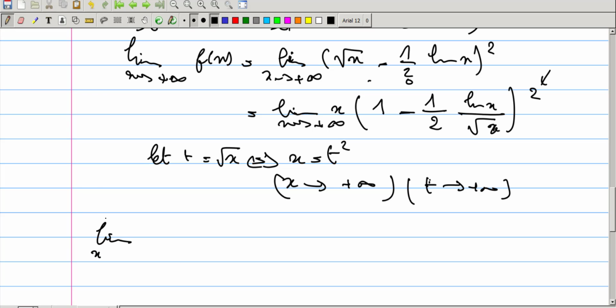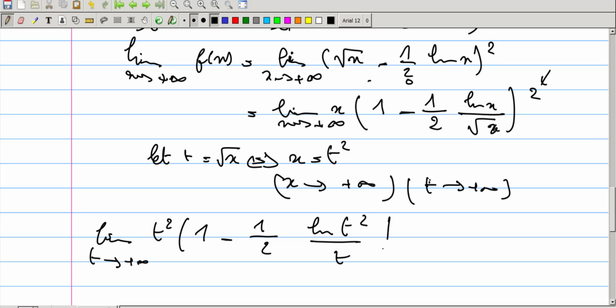So we write the limit of t going to plus infinity of t squared, because we substitute x with t squared, times 1 minus 1 over 2 of ln of t squared over t, all squared. We don't forget the square.